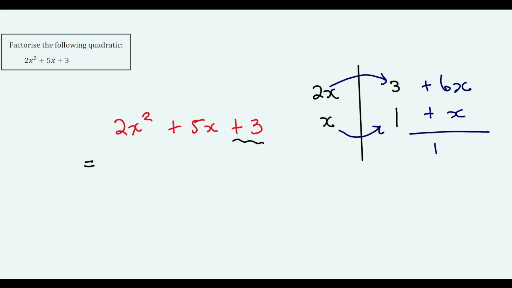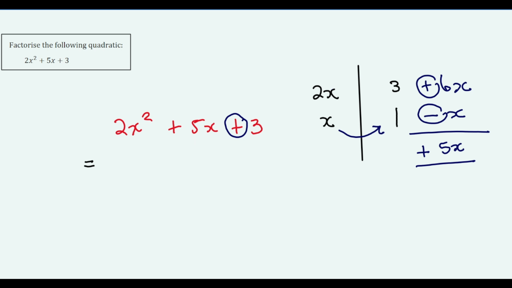What about if I maybe do positive 6x and negative x? Then we will have positive 5x, which matches the middle term over there. But positive times negative is not positive, the last term. So this is not the combination that we want.